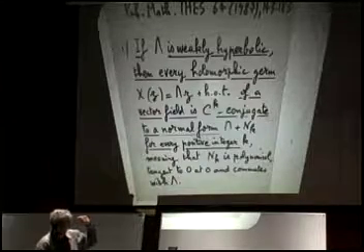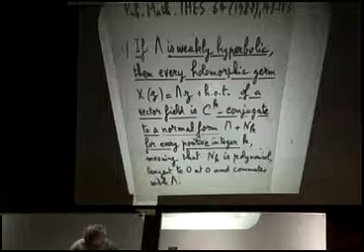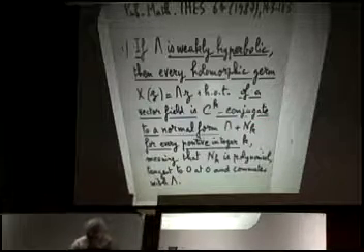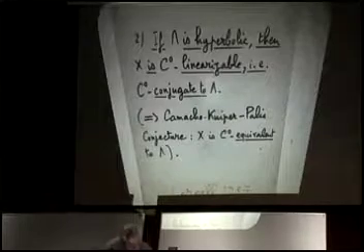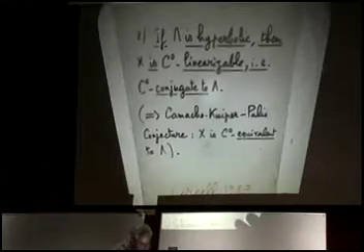Okay? So it's something you do not see from the viewpoint of differential geometry. So it's an analytic thing. Okay? So I proved this result, and from this I deduced something which interested more people.